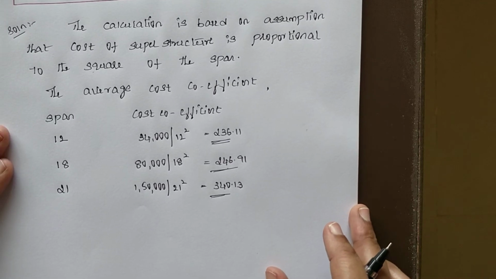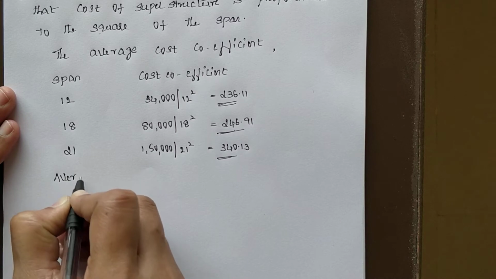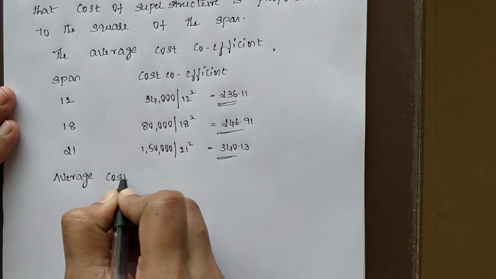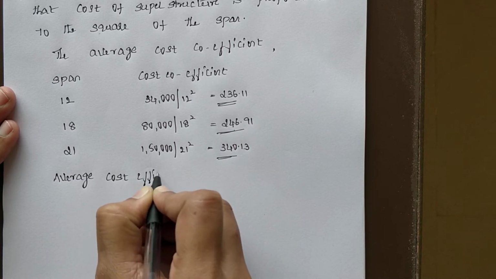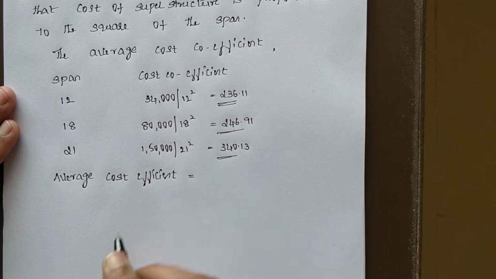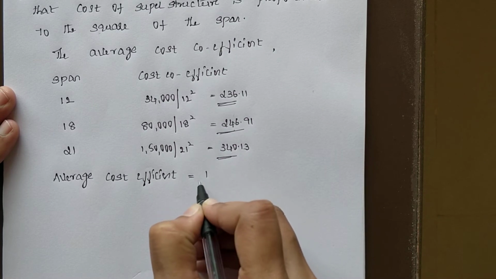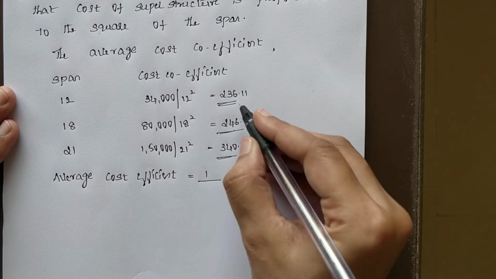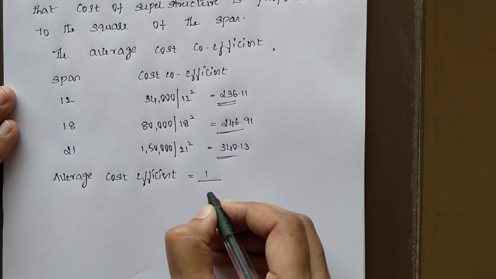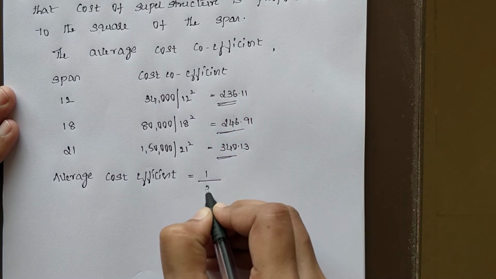Next you need to calculate the average cost coefficient. You need to take the average of all these cost coefficients. It is given by the sum of all the cost coefficients divided by the number of spans, that is 3.